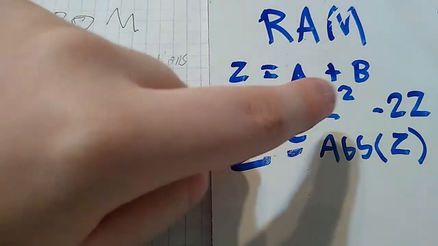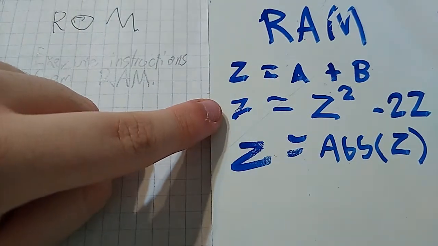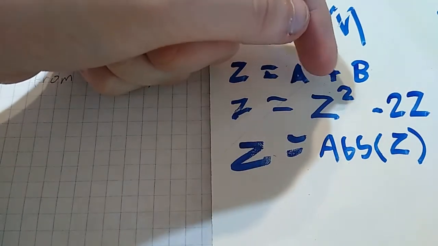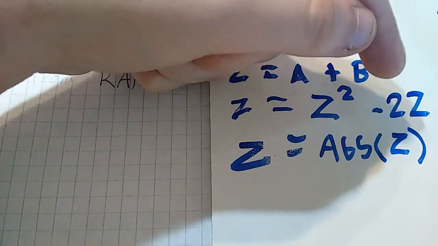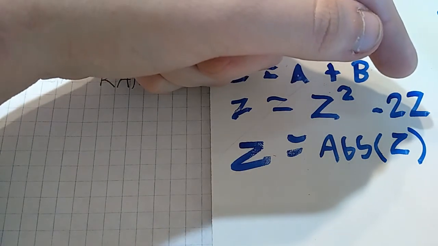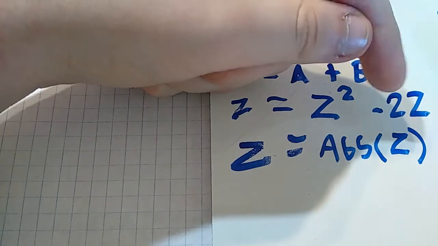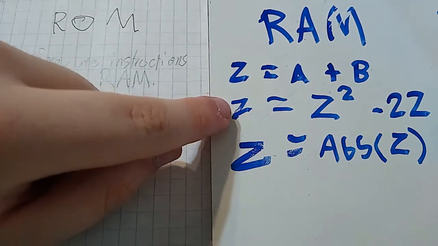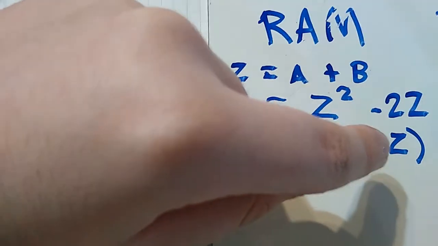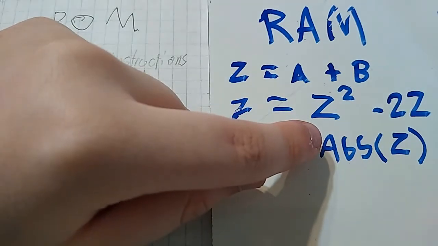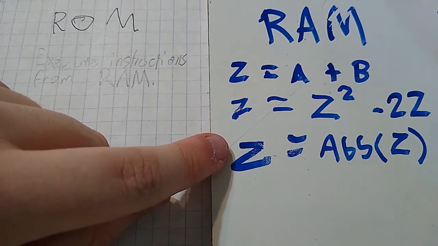Then here, it says z squared minus 2z equals z. So it would square z, put that in a separate variable, multiply z by 2, put that in a separate variable, subtract the 2, and then it would finally get z. Then it would look at z, get the absolute value of z, and then move that into variable z.